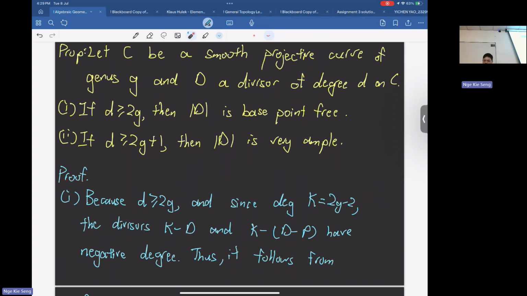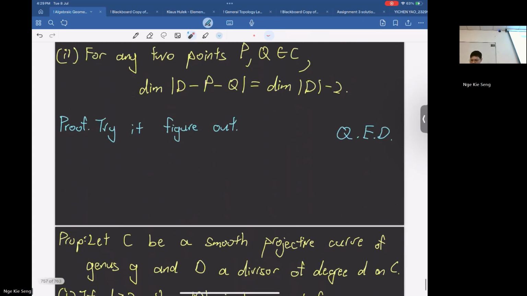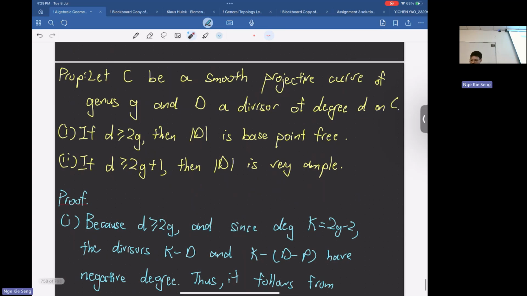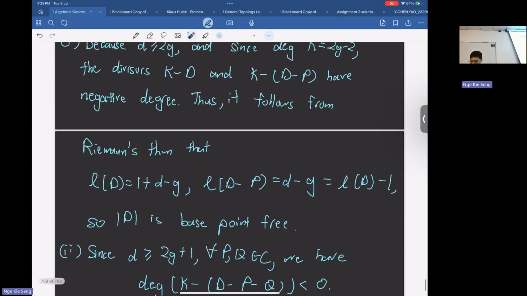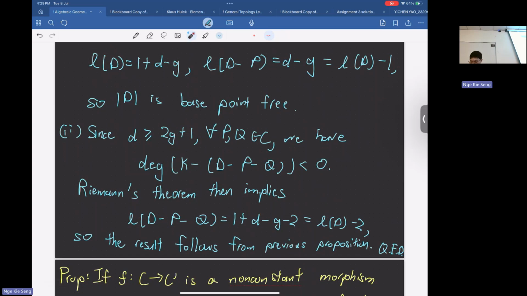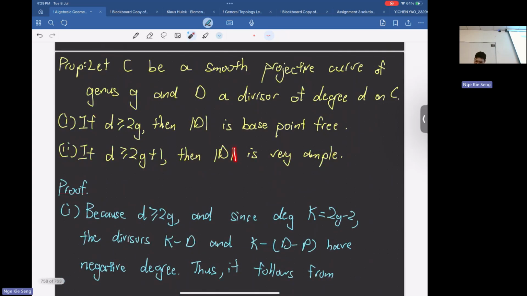If d is greater than or equal to 2g plus 1, then D must be very ample. I think it's D that is very ample, not the linear system of D, because ample is defined on the divisor, and base point free can be defined on the linear system.